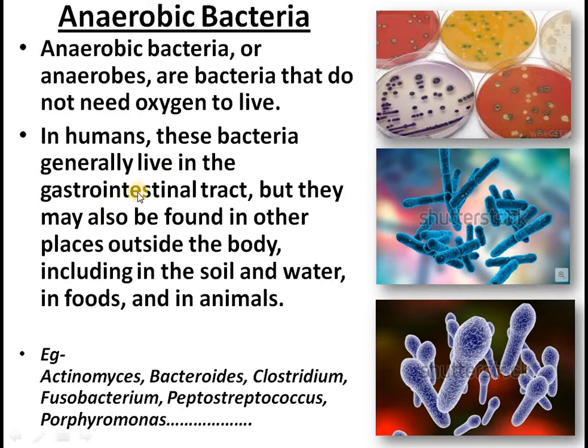And in addition to that, they are found in soil, water, and any other food and any animals. Okay, a small list of examples is given: actinomyces, bacteroides, Clostridium, Fusobacterium, Streptococcus, Porphyromonas. These are certain typical anaerobic bacteria.